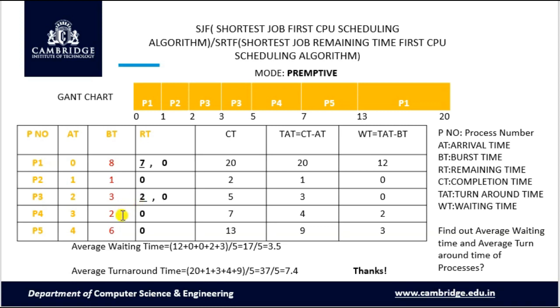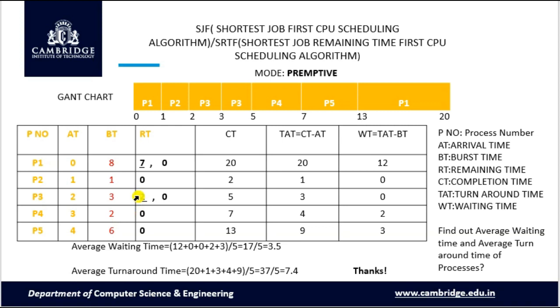Here 2 is the remaining time of P3 and P4's burst time is also 2 seconds, so both are the same. The CPU again gives prominence to P3 because it has come first; it is in the first position in the queue. Since the burst times of the two processes are the same, priority should be given to P3, which was earlier only partially executed for 1 second.